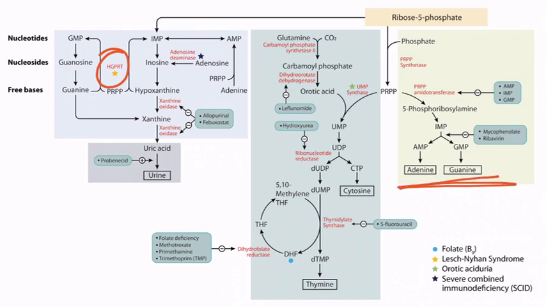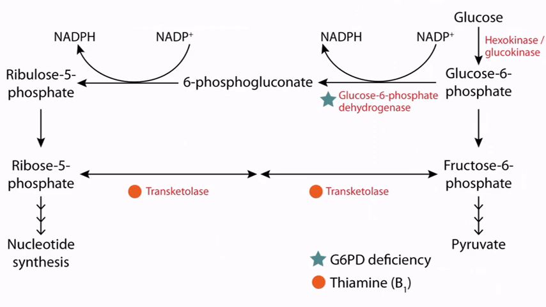In this case, we're asked how the activity of transketolase would likely be altered. Recall that transketolase is an enzyme in the HMP shunt that is responsible for generating ribose 5-phosphate. Notice from this figure that ribose 5-phosphate is needed for the de novo purine synthesis pathway. If we look at the HMP shunt, we can see that transketolase generates ribose 5-phosphate from fructose 6-phosphate.